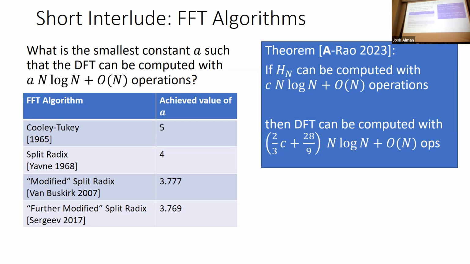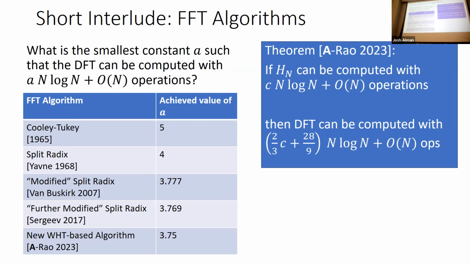In particular, if you plug in C equals 1, like the folklore algorithm, you'd recover this modified split radix leading constant. But if you plug in our new improved 0.96 for C, you get a slightly improved 3.75 leading constant for the fast Fourier transform.